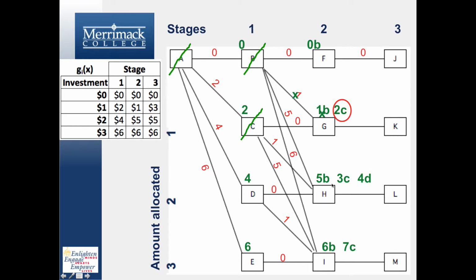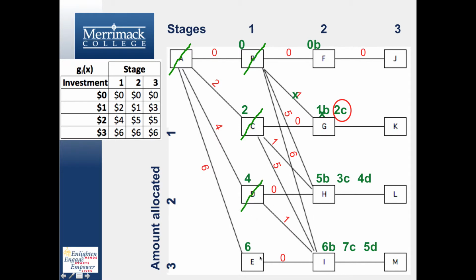Now, coming from D, I've already come from C here. If I come from D, I get 0 extra plus what I had, 4. But I get 5 down here. I add 1 to 4. I can close that off.